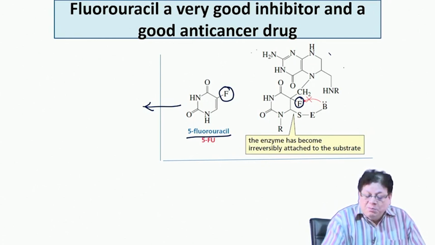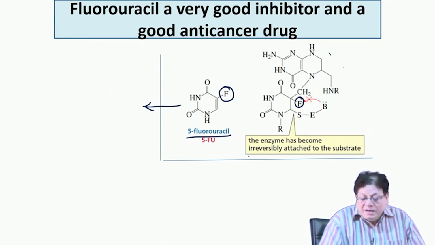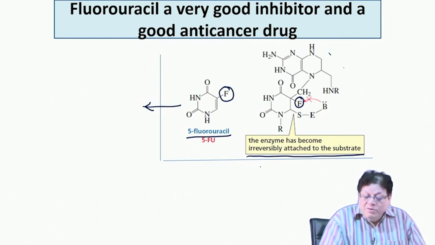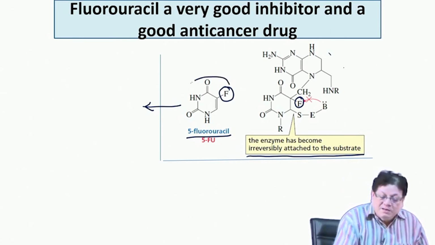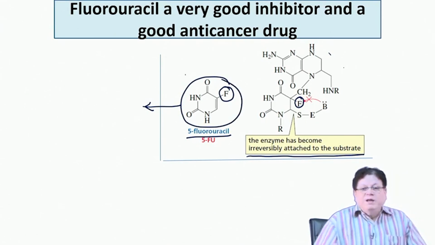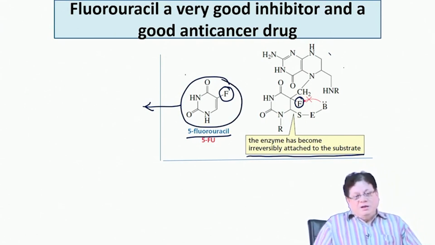So, this is a stable species, and then we can say that this is an example of irreversible inhibition of the enzyme. Okay. So, 5-fluorouracil is still used as a very good potent anti-cancer drug.